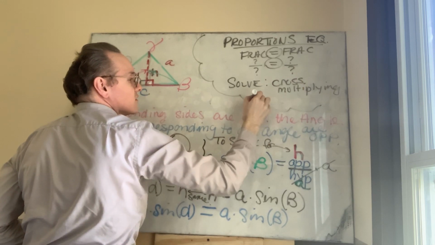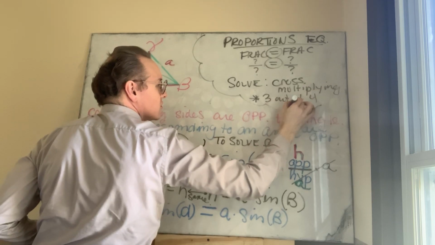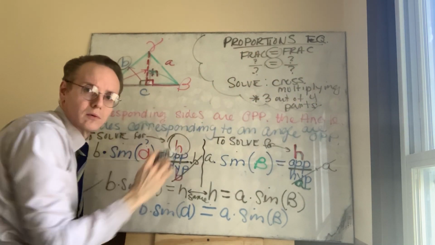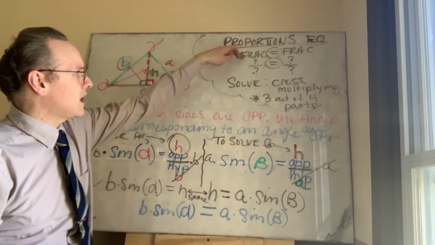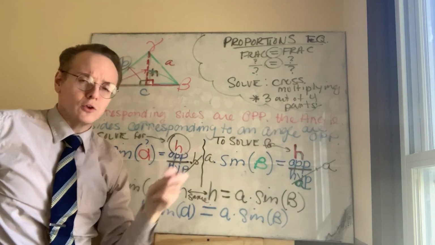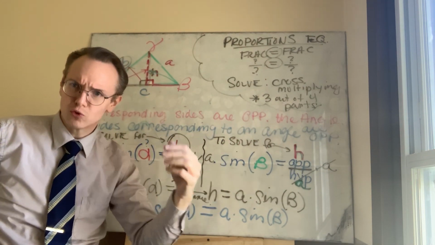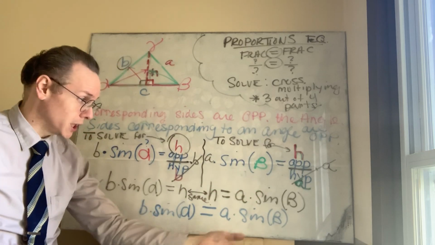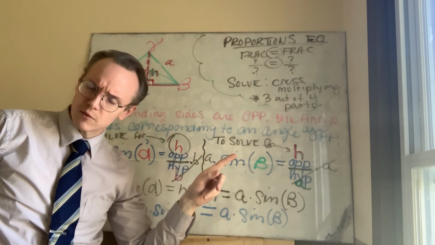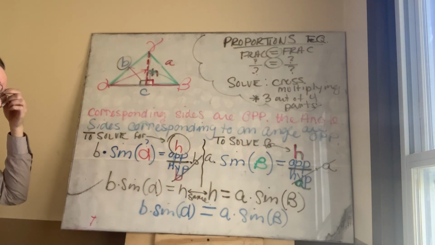A little caveat is that you need 3 out of 4 parts. If there's 4 distinct pieces in a proportion, the numerator, the denominator, the numerator, the denominator, you would need 3 out of the total 4. That's the way algebra works. As long as you have the majority of information, and you may in certain problems, then you could figure out what the missing chunk is. That's basically what's going to happen here.